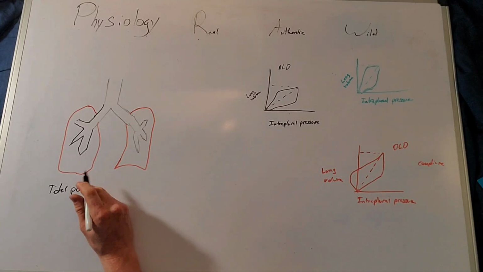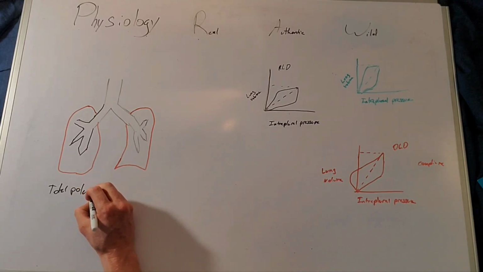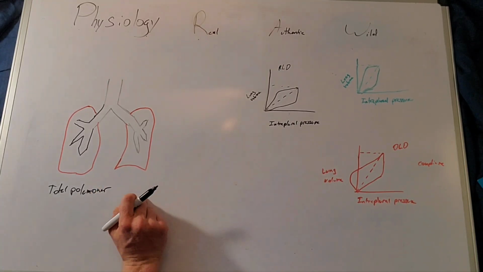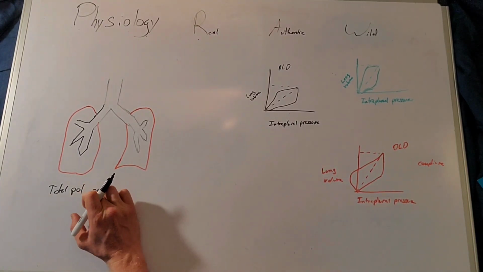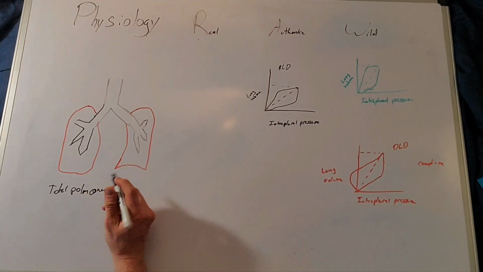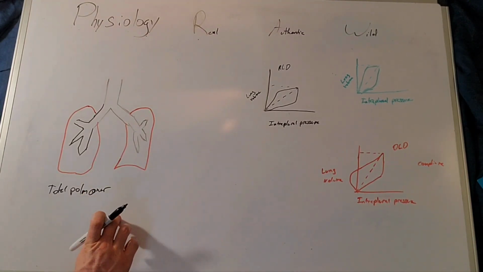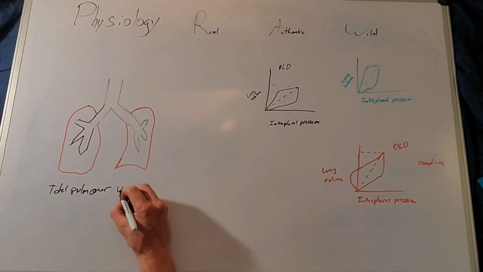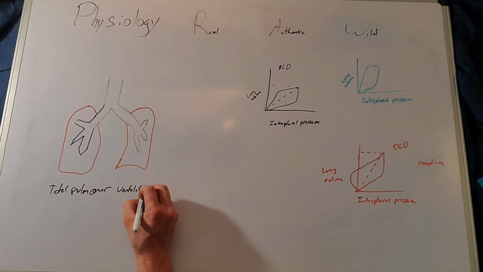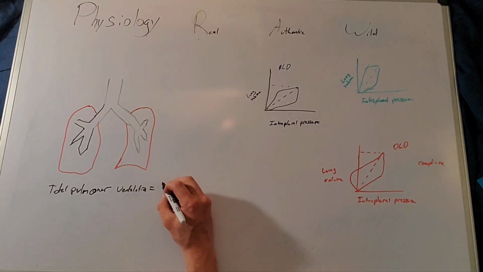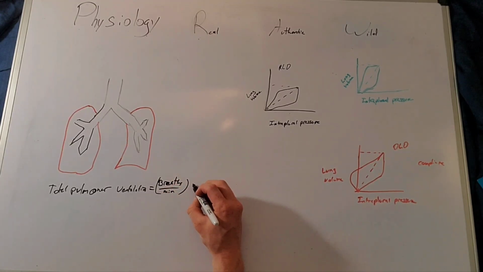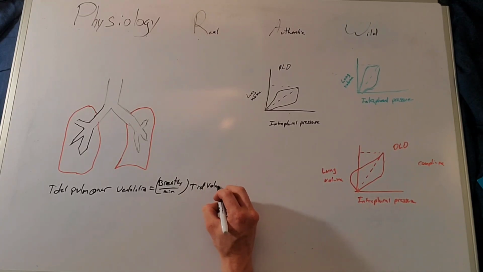So total pulmonary ventilation is going to be equal to breaths per minute multiplied by the tidal volume.